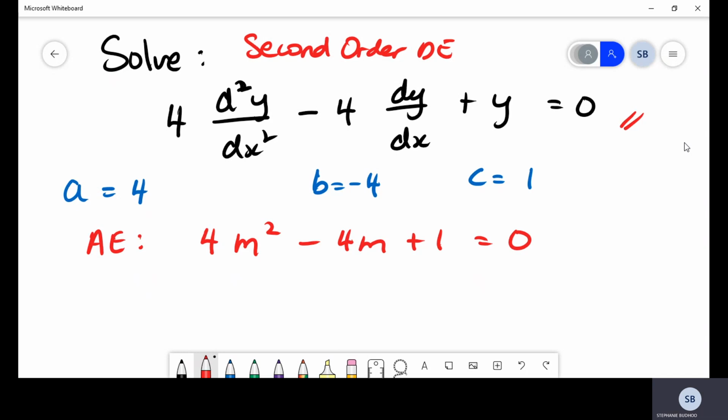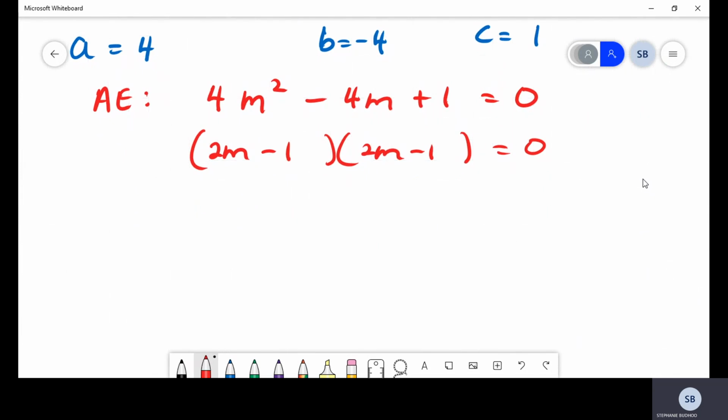Once again, you can apply the quadratic formula, but we can factorize this very simply, and you would get (2m minus 1)(2m minus 1). Straight away, you can identify that your roots are repeated, where m equals positive 1/2.